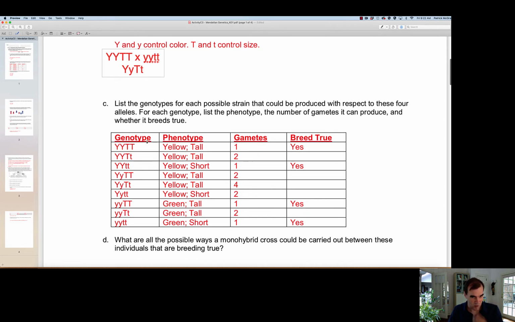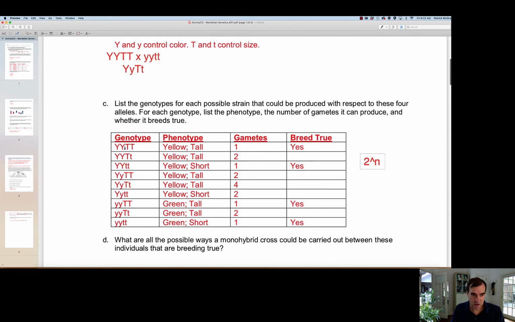Some of you found this relationship and posted it on Piazza: 2 to the n, so 2 to the number of heterozygote genes. You could use that approach to figure out the number of gametes that are produced.